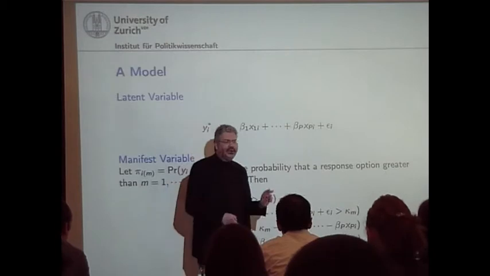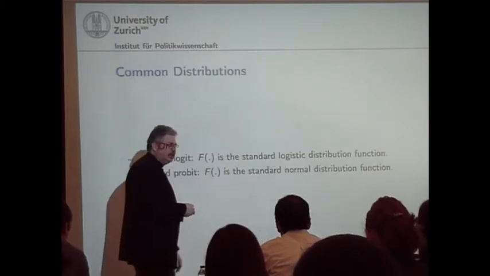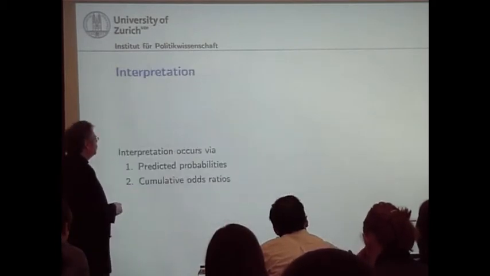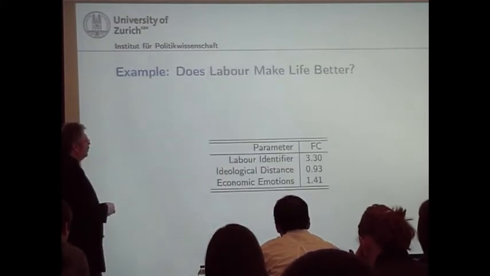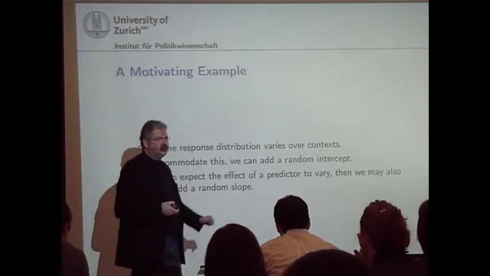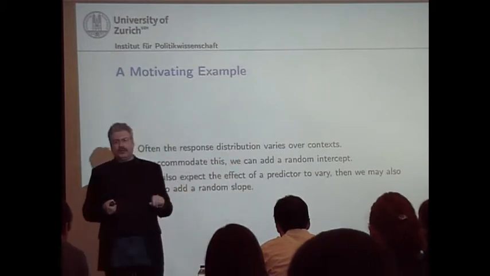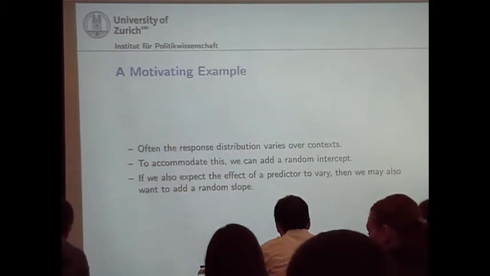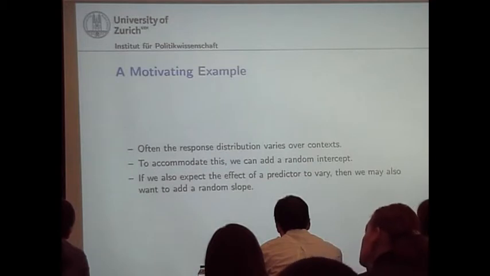Then the way the kappas would be chosen is actually to adjust them to the proportion of people that score in category 1, the proportion that score in category 2, the proportion that score in category 3.